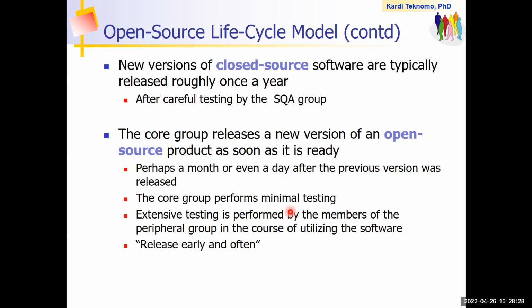So they just build it overnight and then release. Even if it is unstable, even if there are a lot of errors, they will release. Why? Because they don't want to maintain it. They just release so that the majority of the people are the ones who report and fix the problems. So release early and often, that's the motto in the open source software lifecycle.